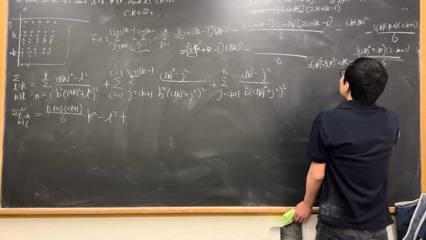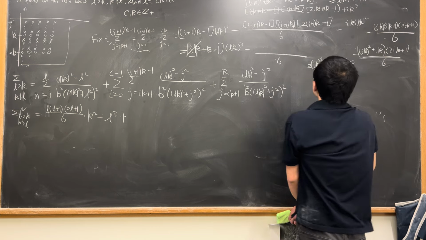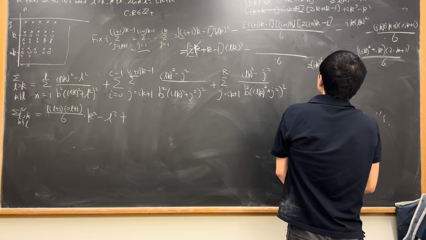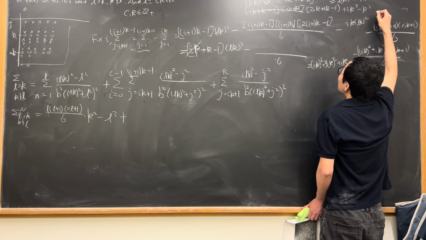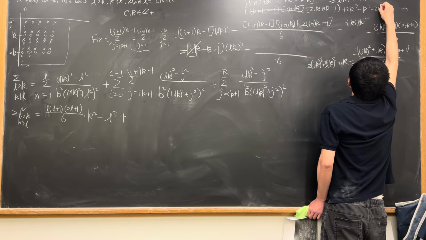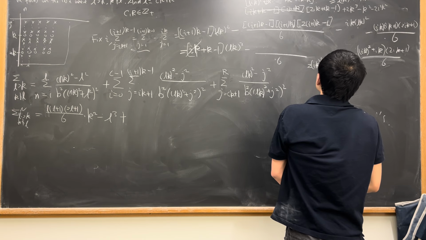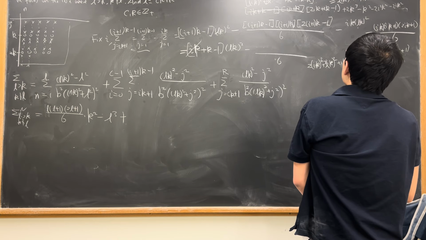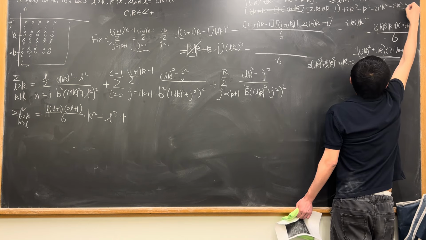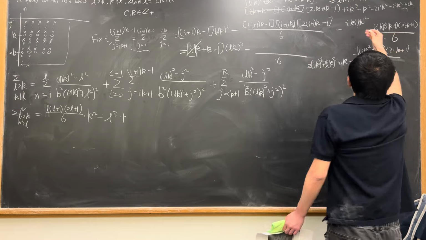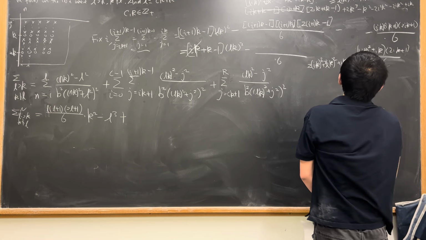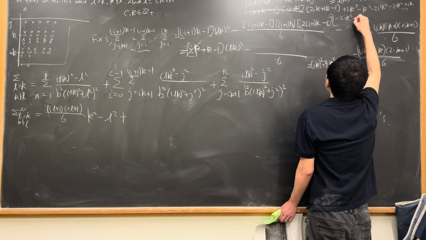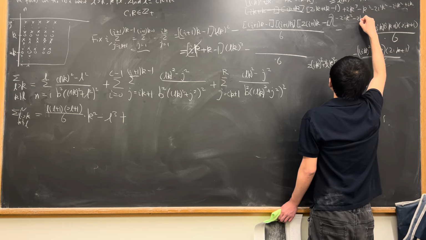And then plus 2k cubed, and then minus k squared, and minus 2i squared k squared, and then minus 2ik squared, and then plus ik, and then minus 2ik squared minus 2k squared plus k.